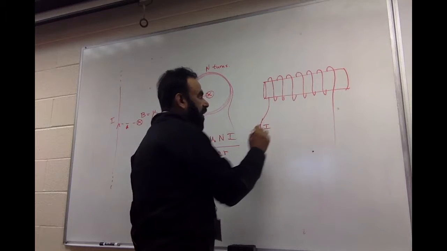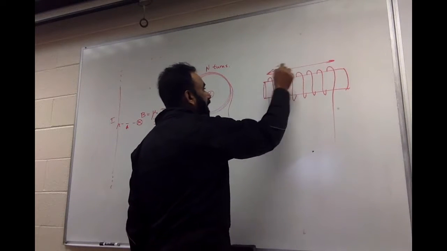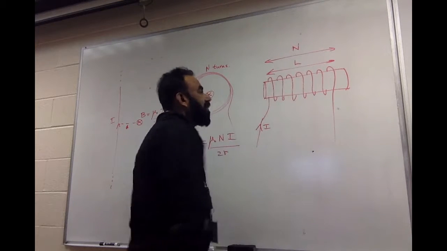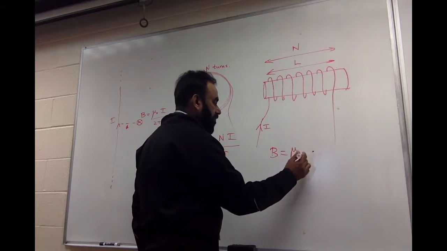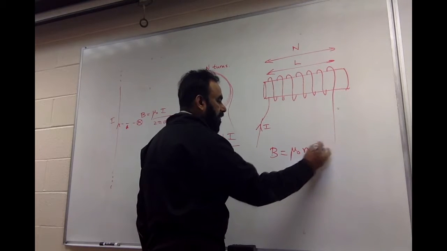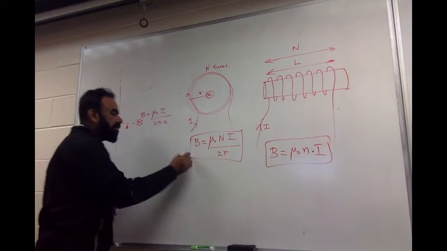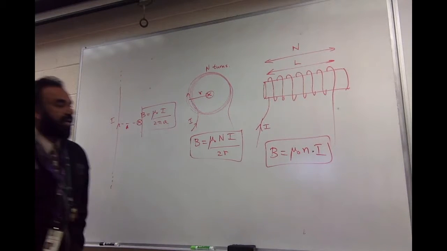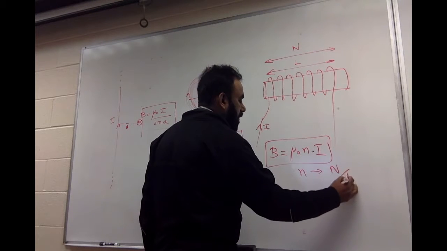If you pass a current I through a solenoid, which has a total length of L and a total number of turns of N, you have B equals mu naught n I, where n stands for the number of turns per meter, which is number of turns per unit length.